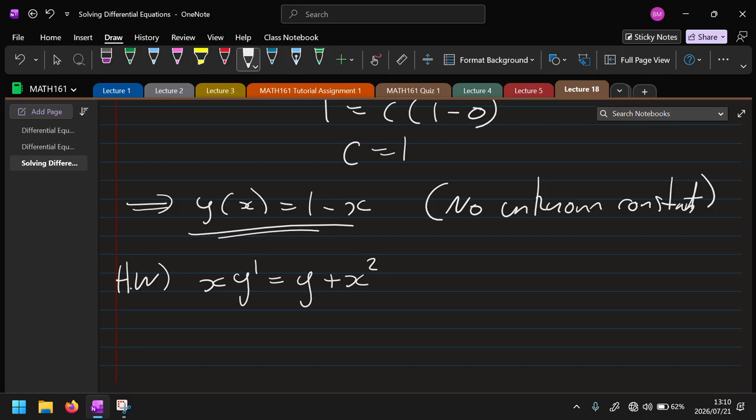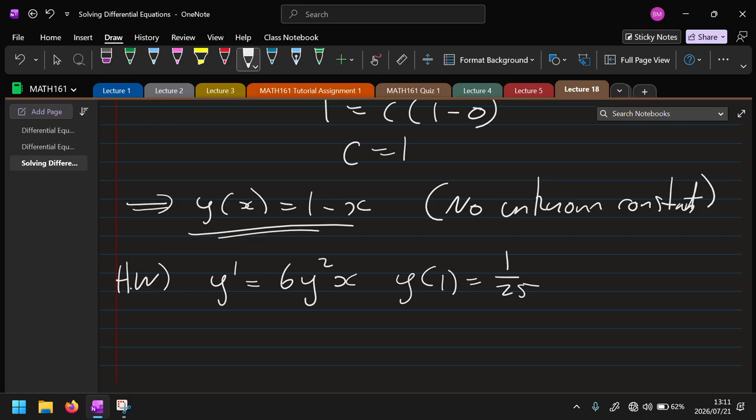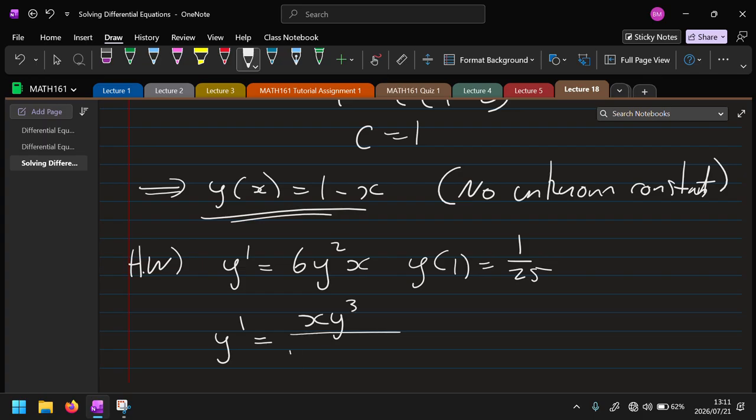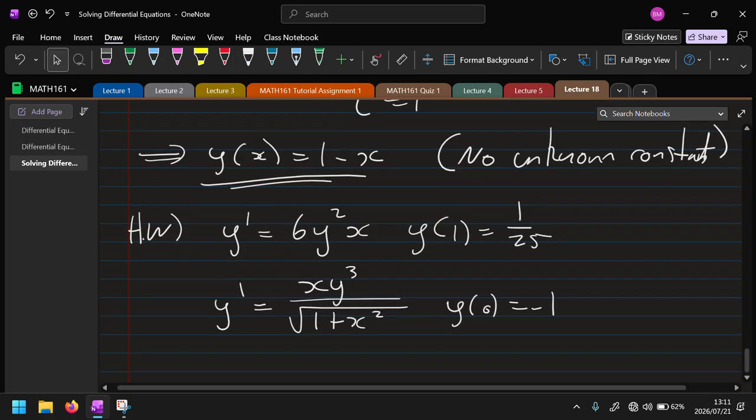Sorry, not this one. We did that. Okay, so we have a differential equation and an initial condition there. And then maybe something a little bit more difficult. Yeah.